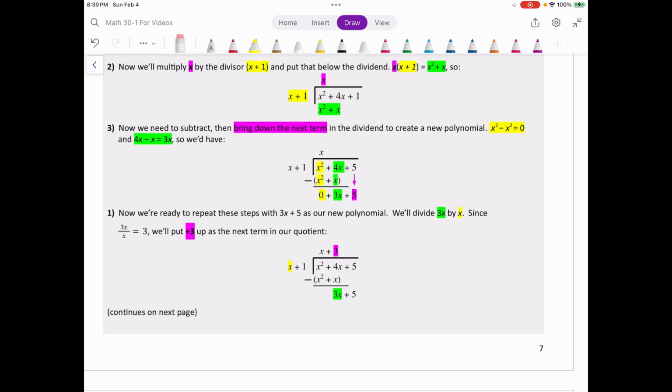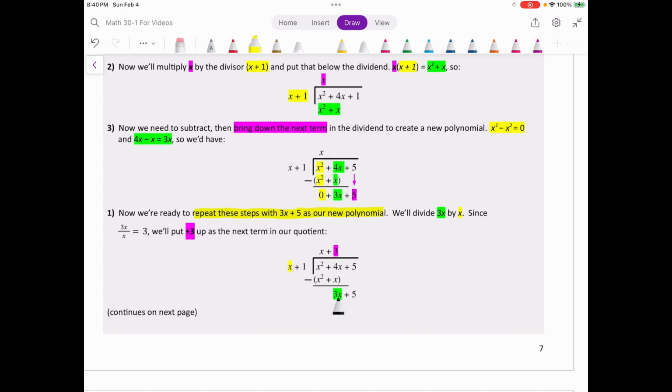So our new polynomial that we're just going to start from square one with and repeat is 3x plus 5. We just repeat these steps with 3x plus 5 as the next thing we're dividing. Same thing: take the first term of our polynomial and divide it by the first term of the divisor.